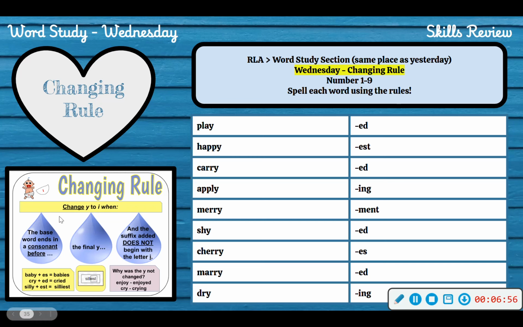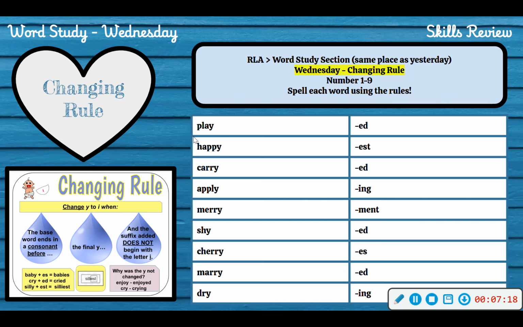All right, so here's the rules for changing rule. The base word ends in a consonant before the final Y, and the suffix added does not begin with the letter I. Then you've got your examples. So you have play plus ed.